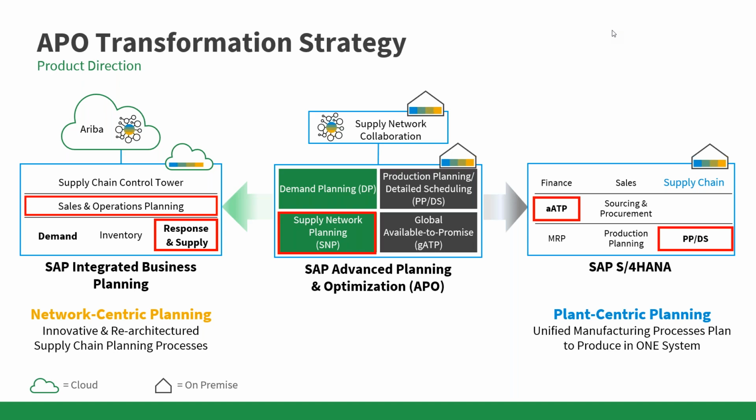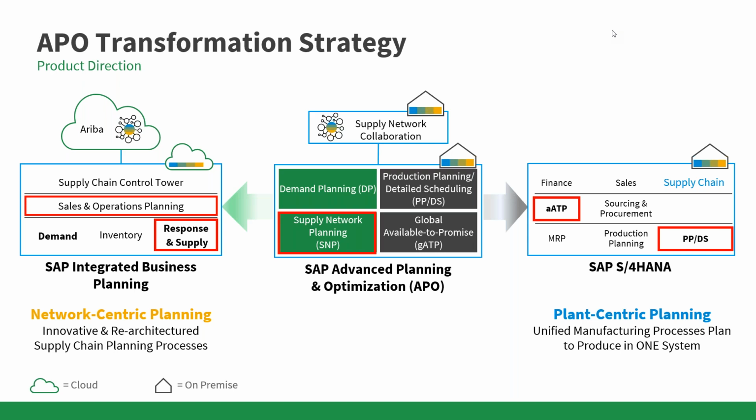When it comes to production planning and detailed scheduling, you see there how we make the cut of what the focus is. It's more about the detailed plant-centric view on a more granular manufacturing environment. That's how we divide network-centric planning and plant-centric planning.